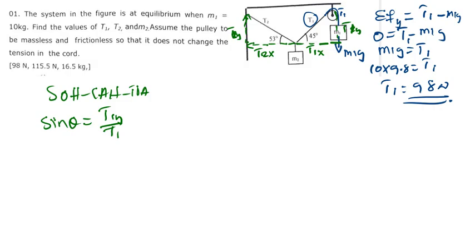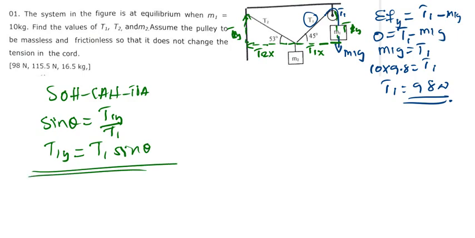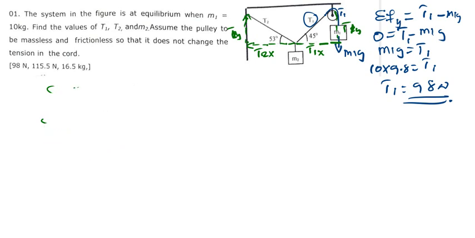So to make T1y the subject of the formula, it will be T1 sine theta. So in y we use sine, in x we use cos, based on SOH CAH TOA. Then I also need to know that I have got the weight force for this one, which is m2 times g.